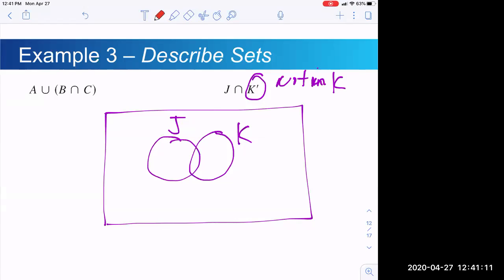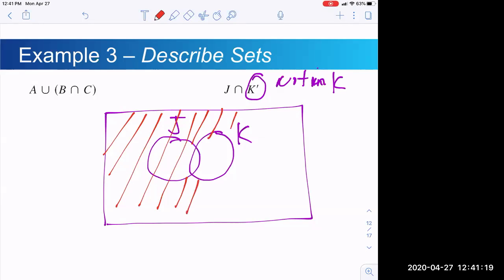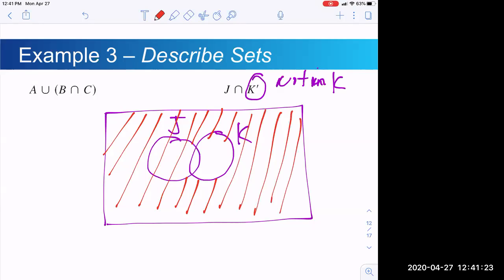I'm going to do it this way. Everything that's not in K, notice it's part of my universal. There's parts of J that are not in K. So it's just everything that has this red on it.